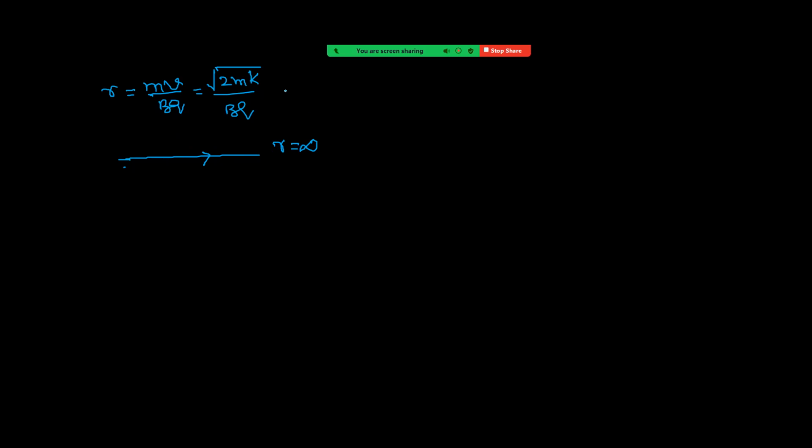So from here, see what we can say. Given K is the same for all and B is the same, the remaining are mass and charge. So R is proportional to root m upon q. The given particles are H plus, He plus, and O2 plus.